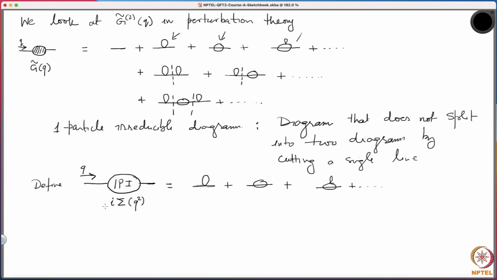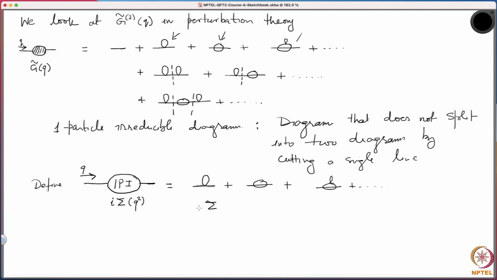Okay, why I have chosen a factor of I here, you will see the relevance of it. But that's a definition. I'm just going to denote it by like this. Okay, so that's fine. And remember that I times sigma of q square, which is the sum of these one particle irreducible diagrams, is a function of q square and will also be a function of m square and lambda, right?